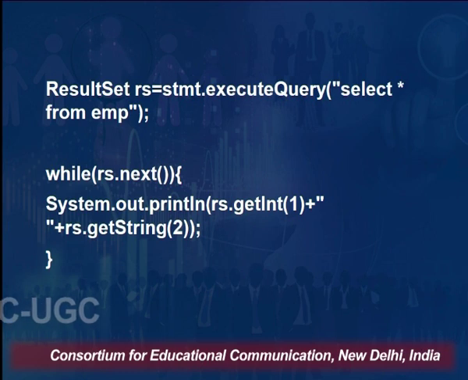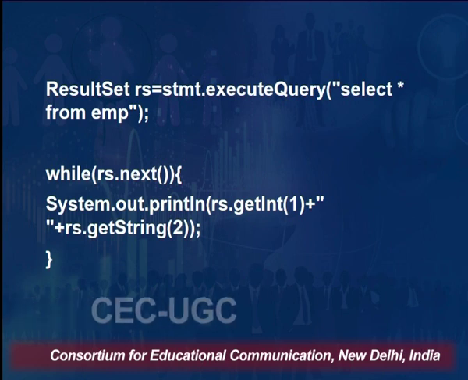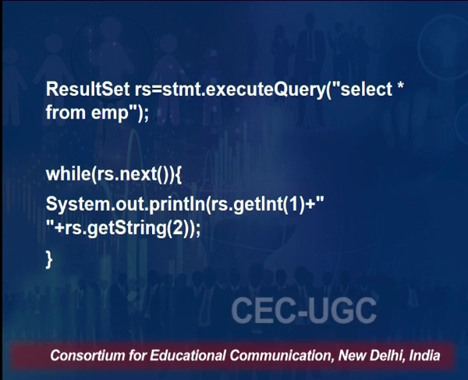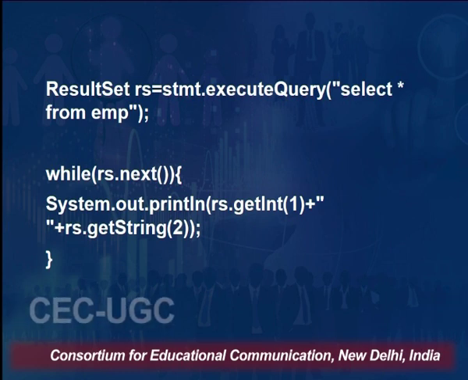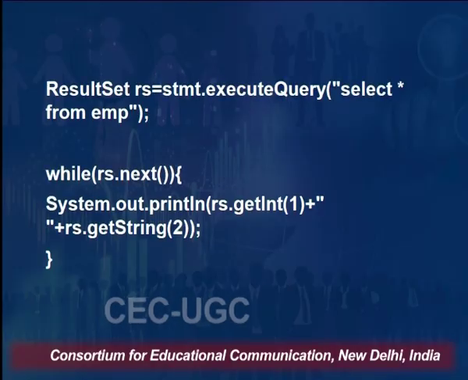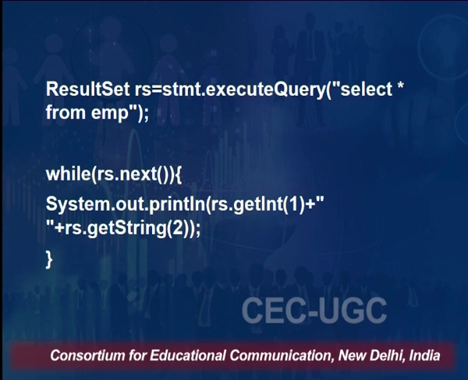This is actually the field, in normal language. We can say this is the field number of this ResultSet rs, and that is an integer. That is why we have used rs dot getInt, plus some blanks in order to have a presentable format.